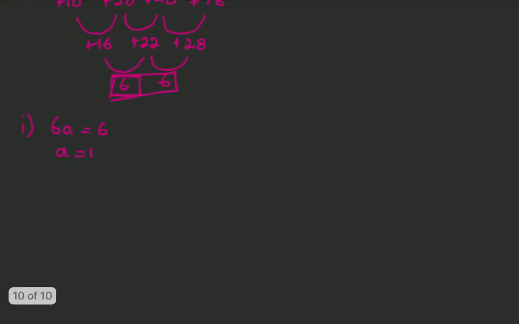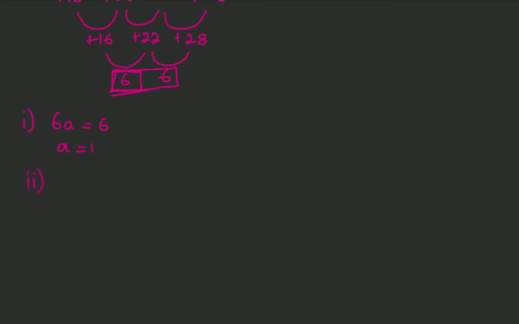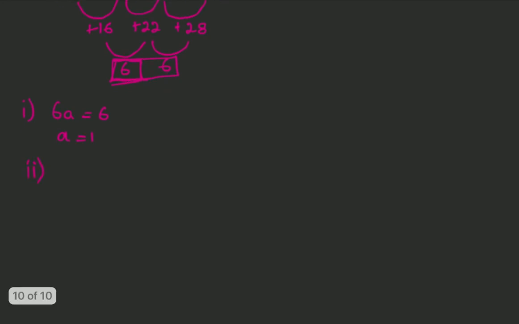Now let's find b. And b follows from 12a plus 2b, which should be equal to the first term of the second difference.